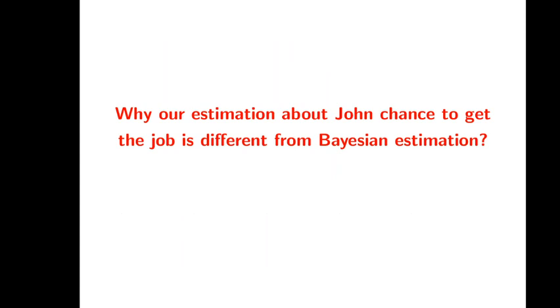Now I go back to the first question I wanted to discuss in this video, about the difference between our estimation and Bayes' theorem's estimation in answering John's question, whether he got the job or not.